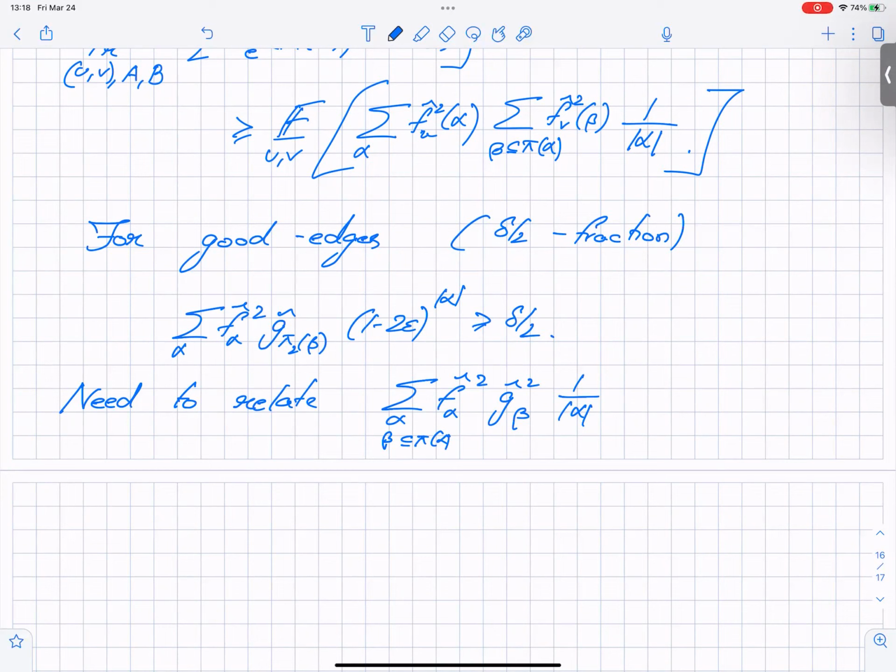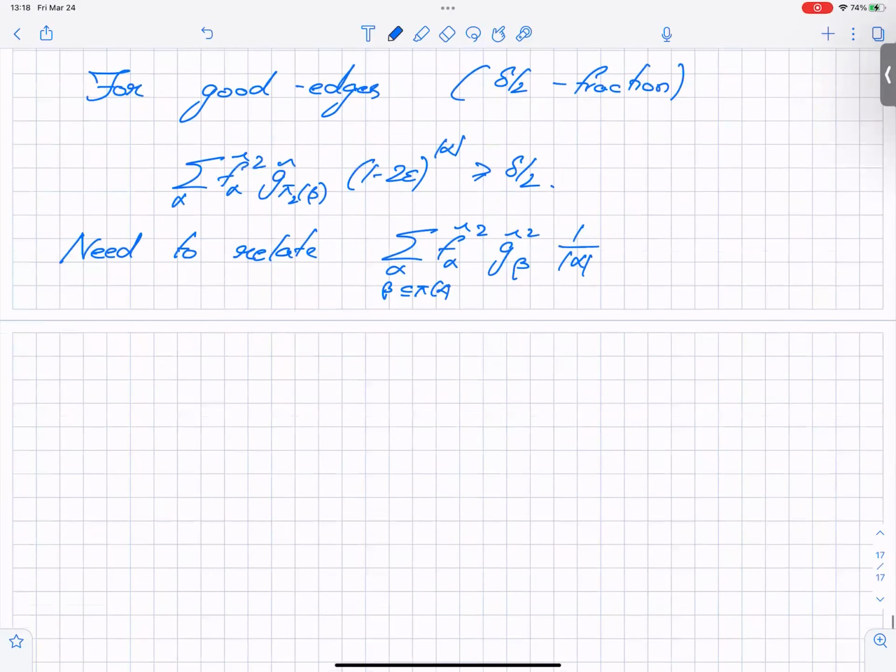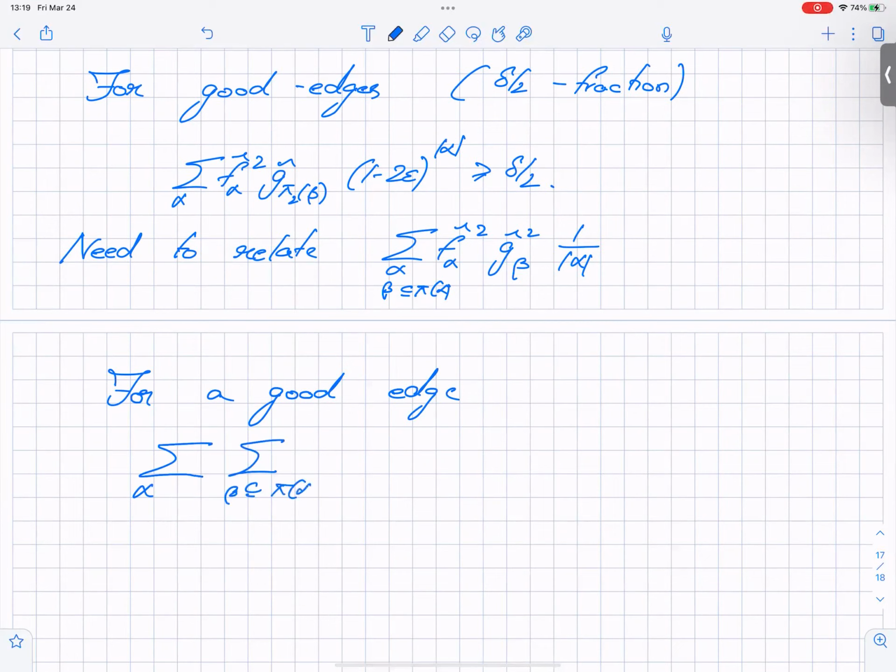Yeah, so let's just do a bunch of calculations now. And then, so for a good alpha, for a good edge, summation alpha, summation beta in pi of alpha, f hat square alpha, g hat square beta, 1 over alpha.